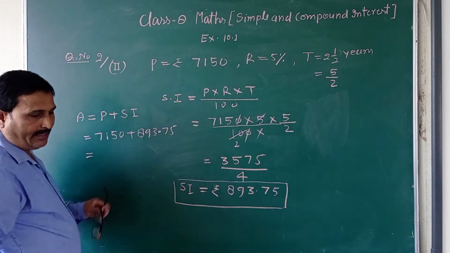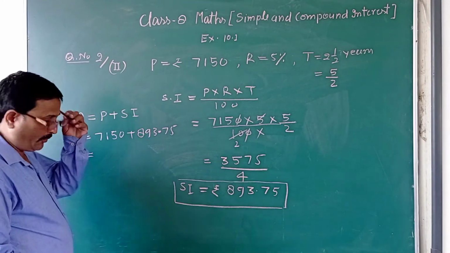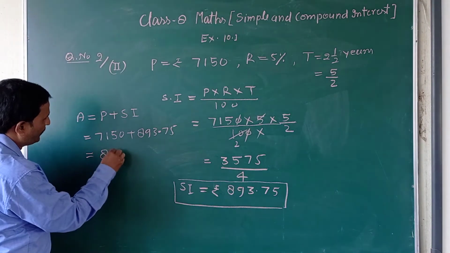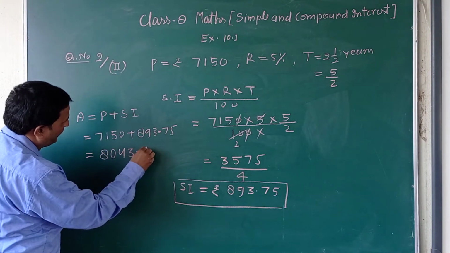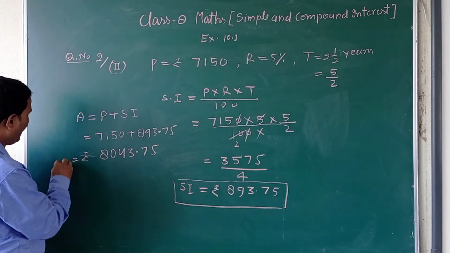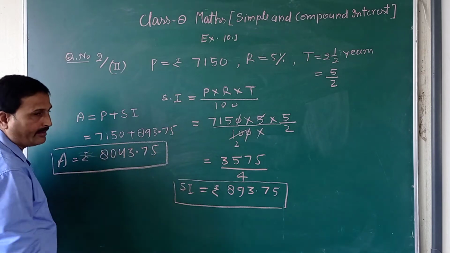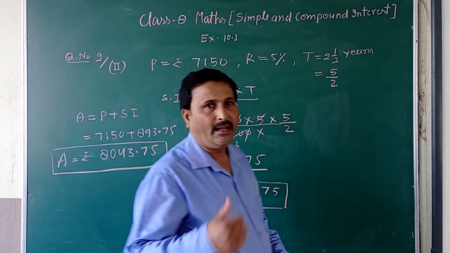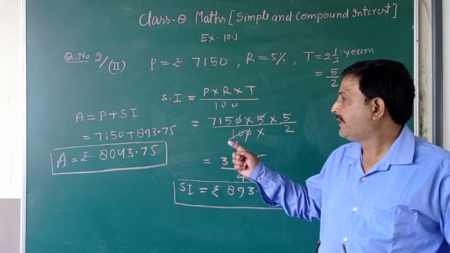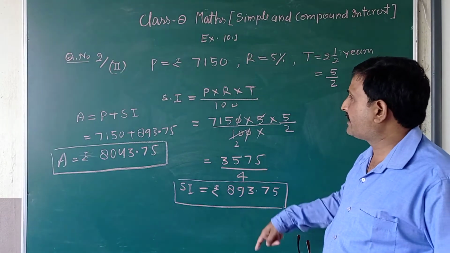You add and your answer will come 8043.75 rupees. That is the amount that is asked in the question. Find the amount, means this line you write here, okay, after writing this one.